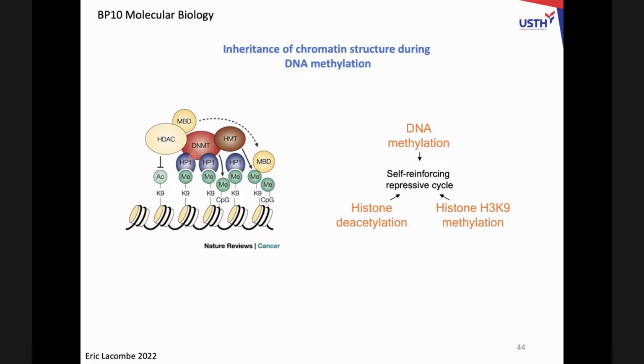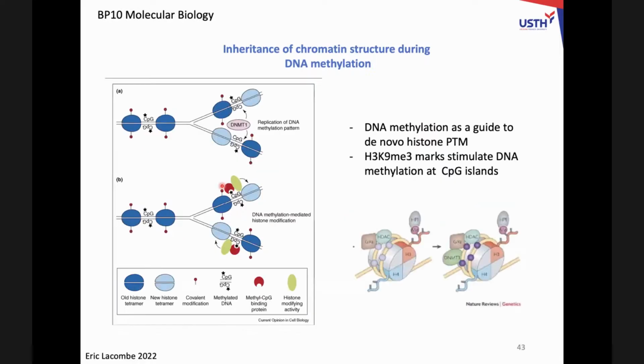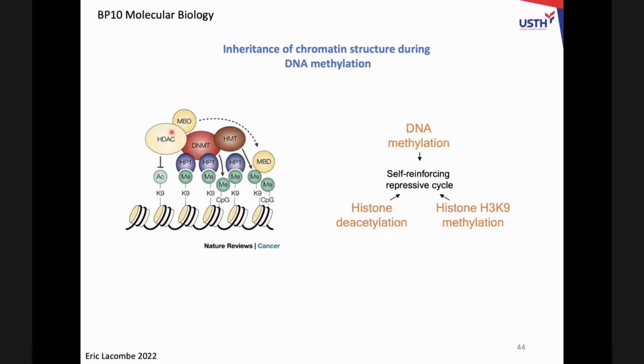If you see the model, there should be two processes that happen at the same time, because histone methylation has the consequence of recruiting DNA methylase, and methylated DNA recruits enzymes that modify the histone, like histone deacetylase or histone methyltransferase.